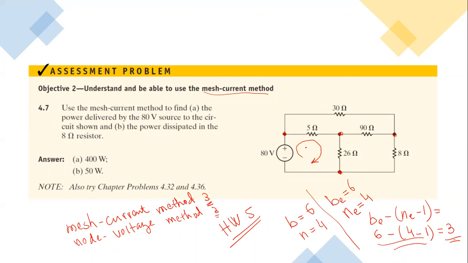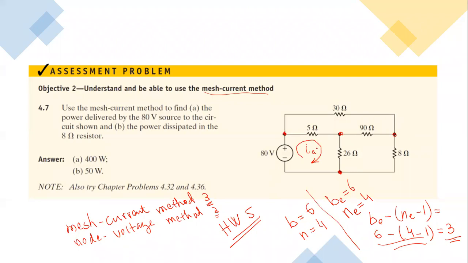Well, technically, it'd be 26 times IA minus IC. Okay, so this is the first mesh, right?